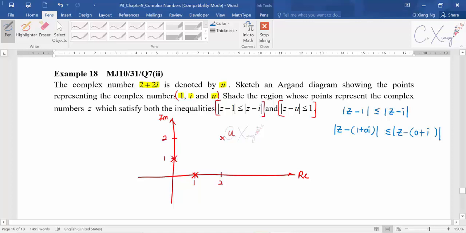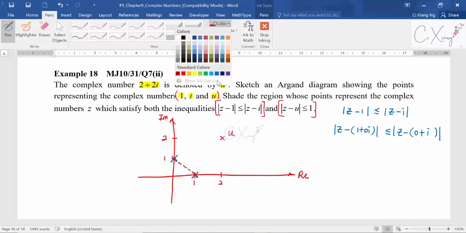So this point itself is (1, 0), and this point itself is (0, 1), which are the two points that they asked you to plot just now. Then what you need to do is draw the perpendicular bisector for this line. So where is the perpendicular bisector? What is the midpoint here?